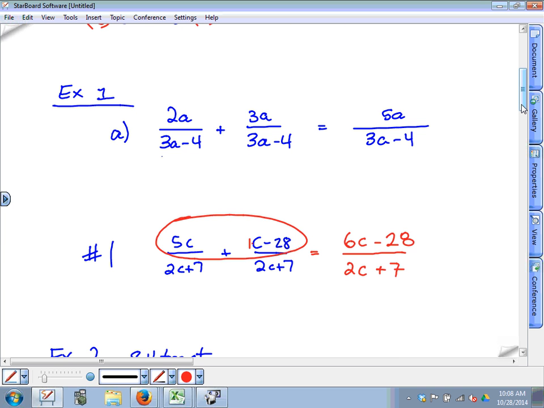Do you have problem 2 on that page, or is it on the next page? Look at problem 2.